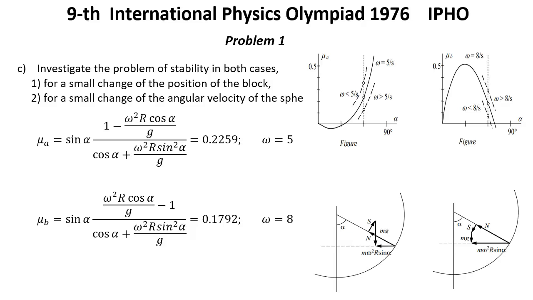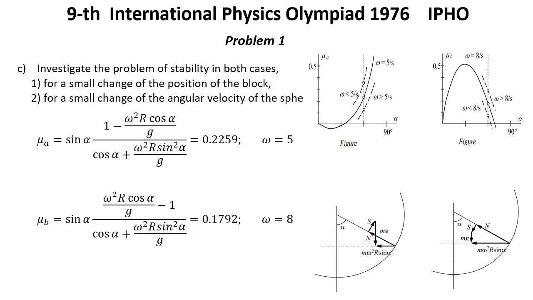In case A, when the body tried to move down, and in case B, when omega is big and the body tried to go up. So it means that in the first case if we decrease mu a little bit, the body starts to move down. And if in the second case we decrease mu, the body starts to move up.